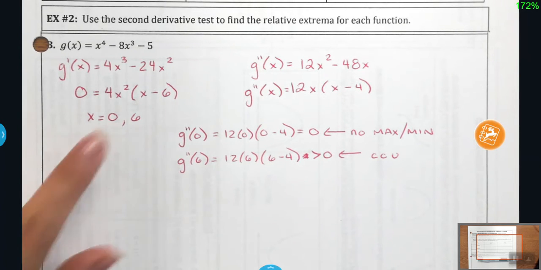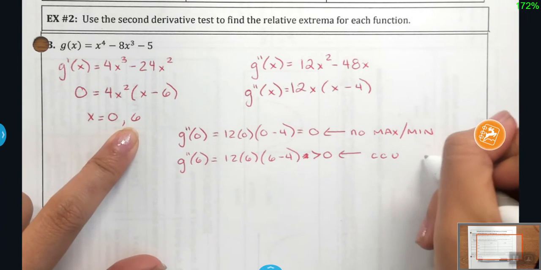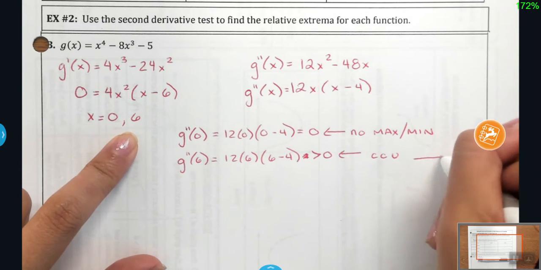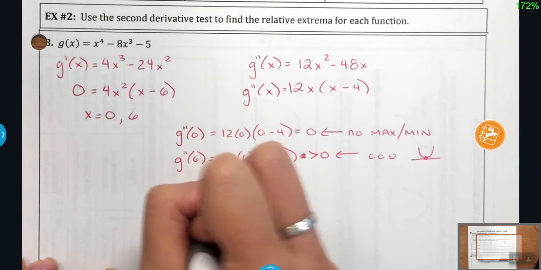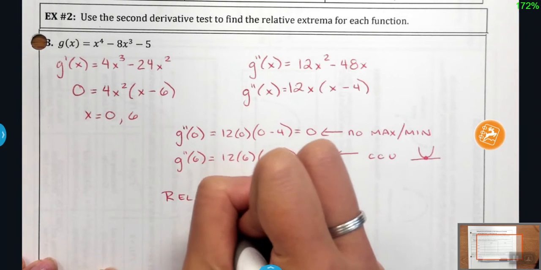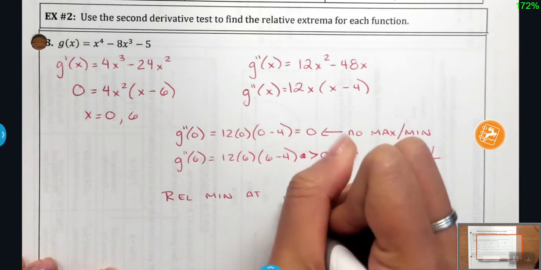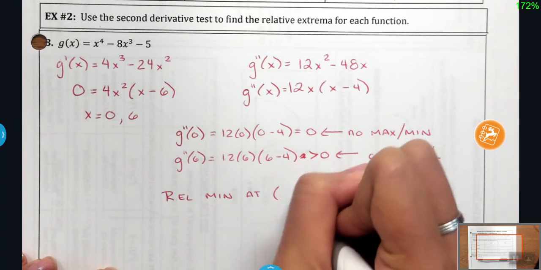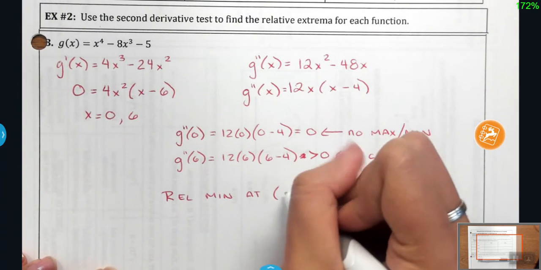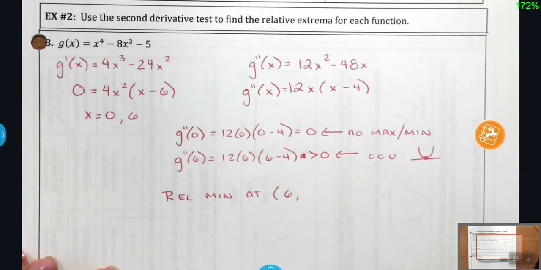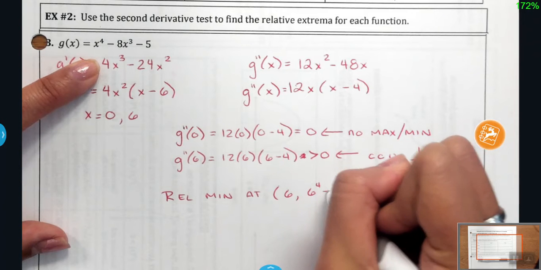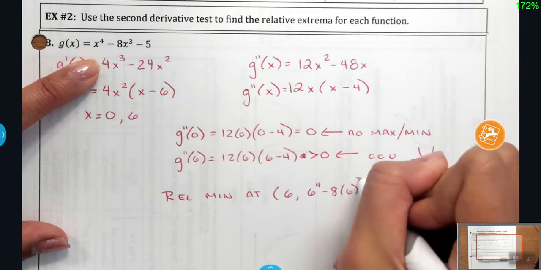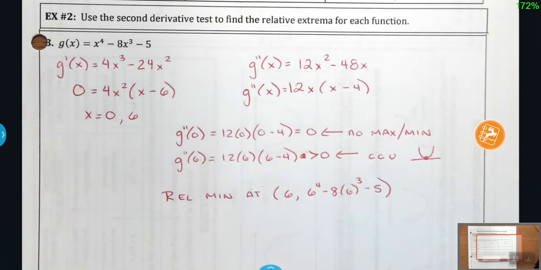So if it's concave up and I know my first derivative equals 0, then what is 6? Yes, so you can say relative min at 6, and then if you wanted the actual point, you just say 6 comma, and then you can just write it like this: 6 to the 4th minus 8 times 6 cubed minus 5. Don't even need to solve for it.